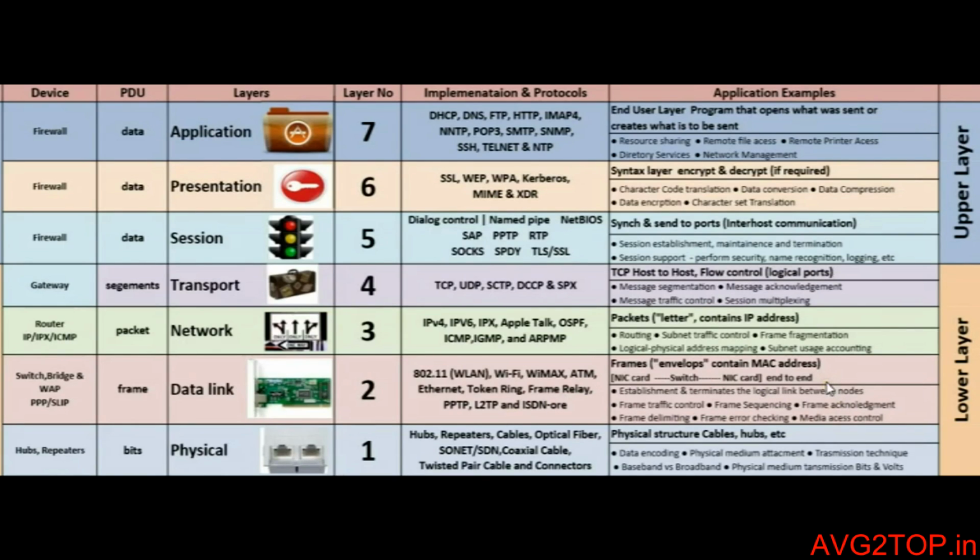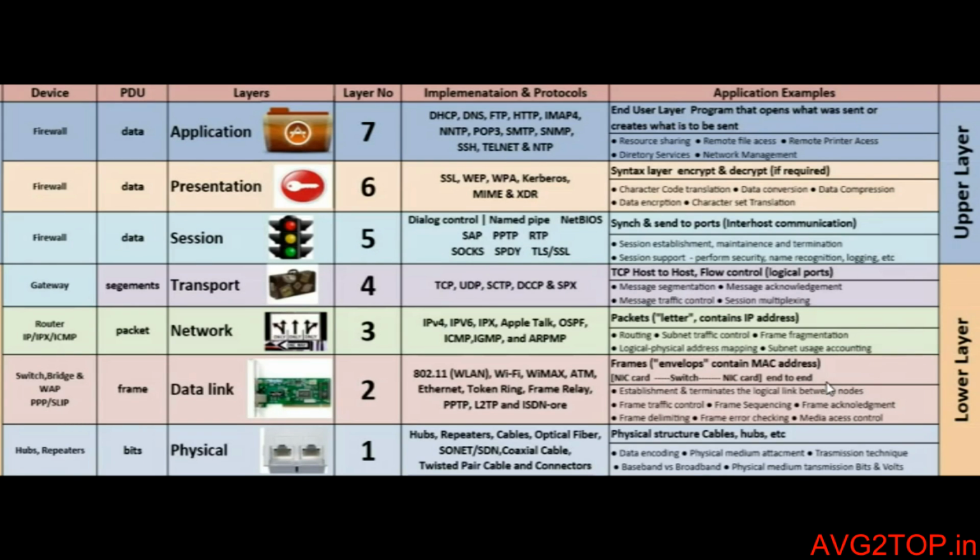And the third layer in OSI is the network layer. Here the data are transferred from one node to another using packets.